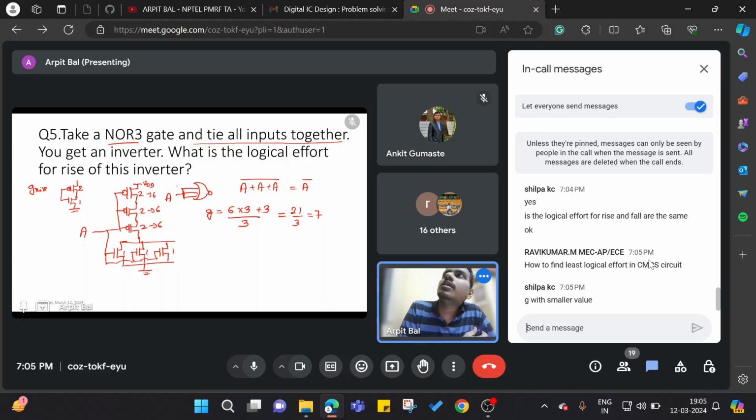But if you were asked to choose between inverters which have the least logical effort, then you can find out the logical efforts from the PMOS width and the gate capacitance, and then compare them. I'm not sure, I haven't seen the assignment questions.